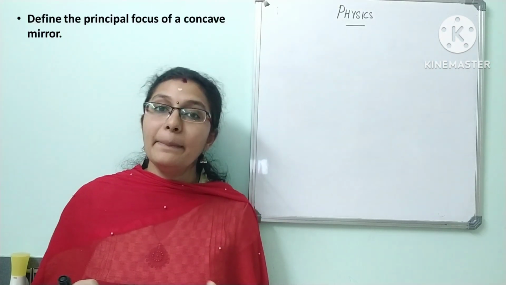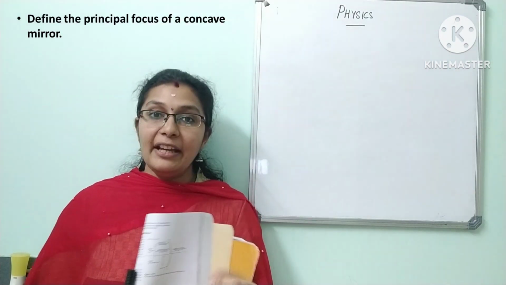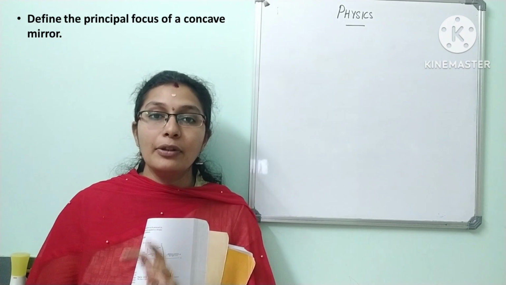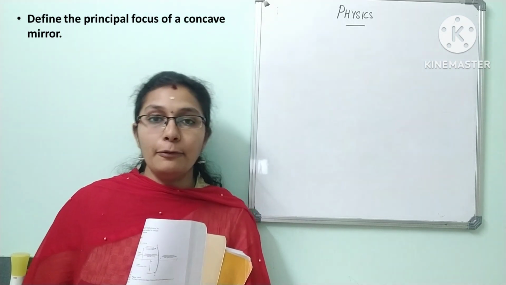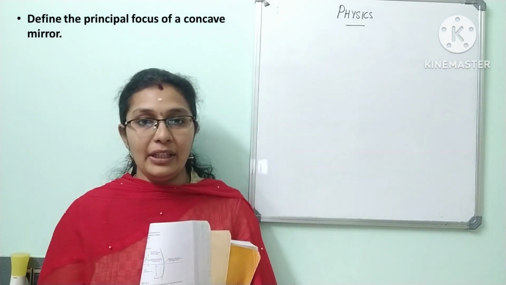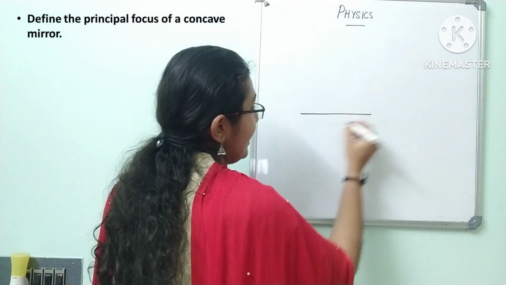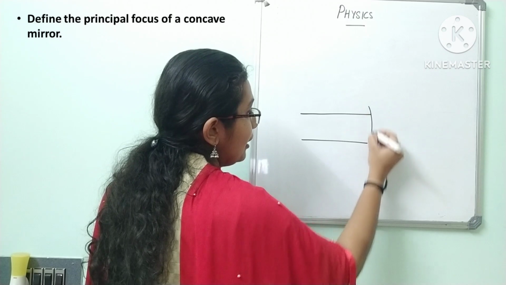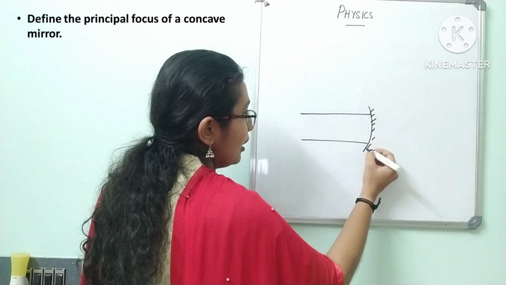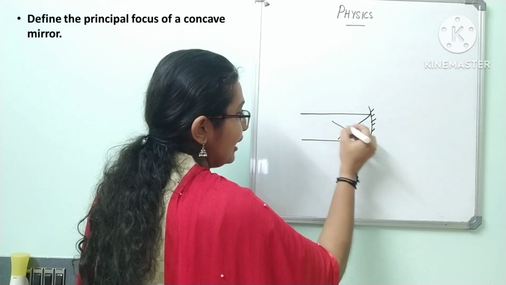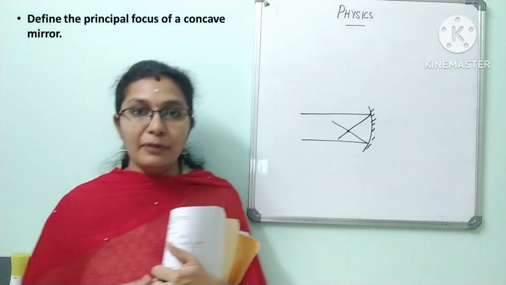Define the principal focus of a concave mirror. So the question is we have to find what is principal focus in the case of concave mirror. How will you define principal focus? Parallel rays after reflection meet at a point, that is called the principal focus, yes or no?